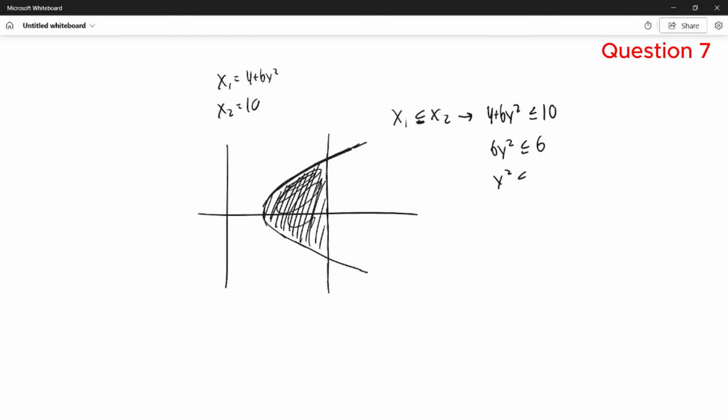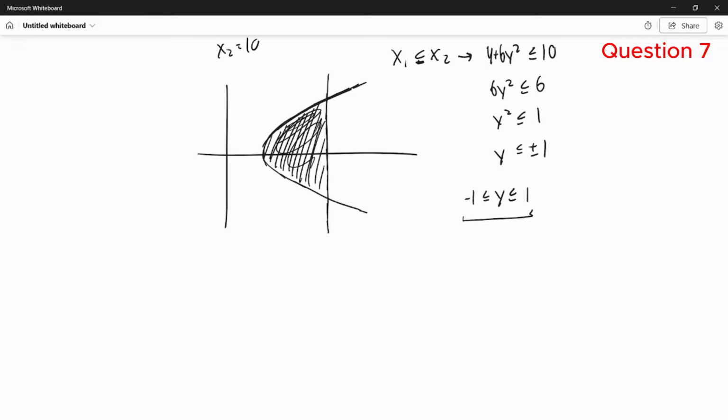Y squared must be less than or equal to 1. Y must be less than or equal to plus minus 1. Now we have a plus minus 1 here, which means that we split this into negative 1 is less than or equal to y is less than or equal to 1. Now this will be the domain over which we will integrate.